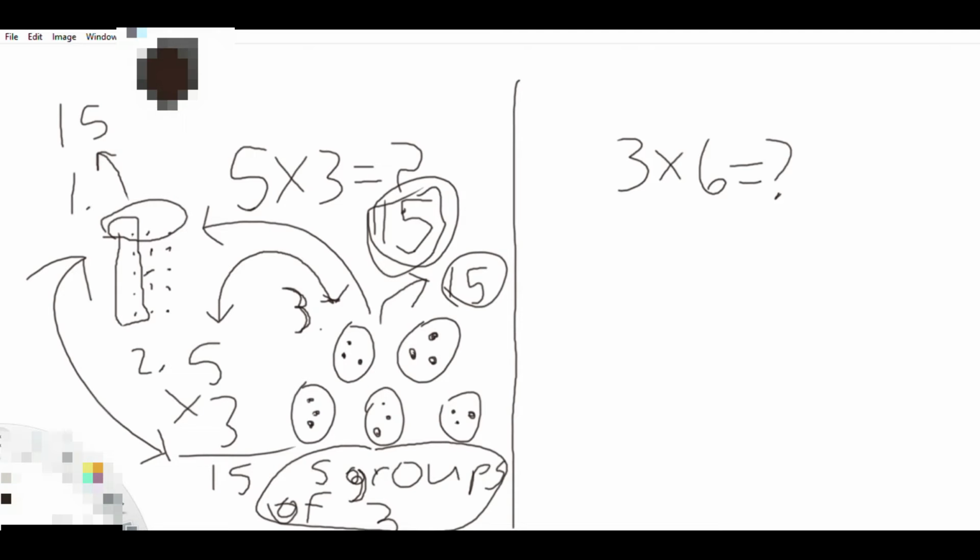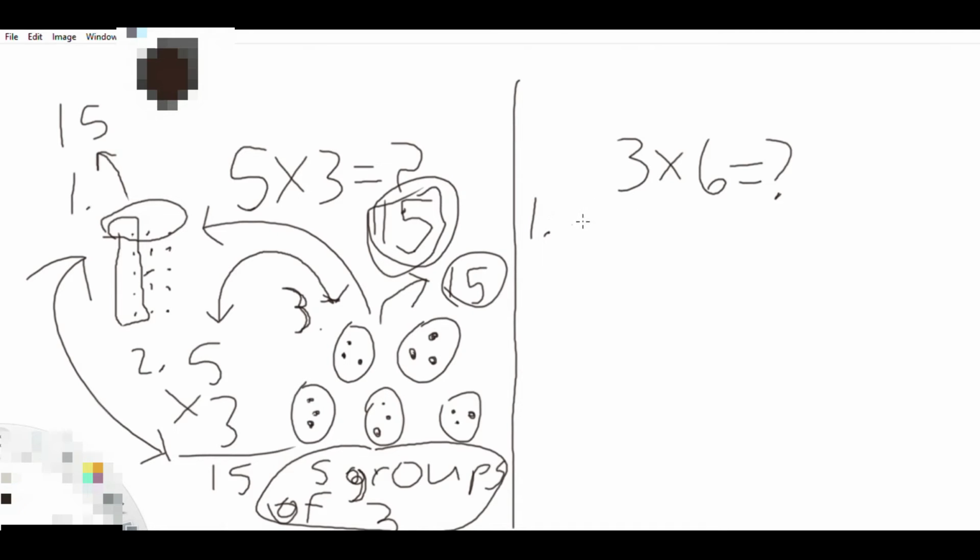3 times 6 equals what? Well, let's use the array idea first.